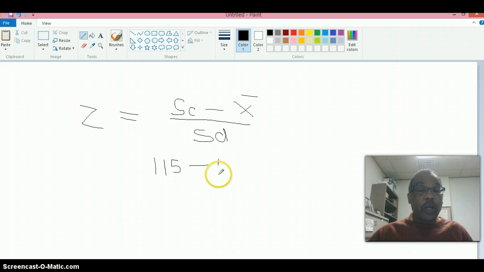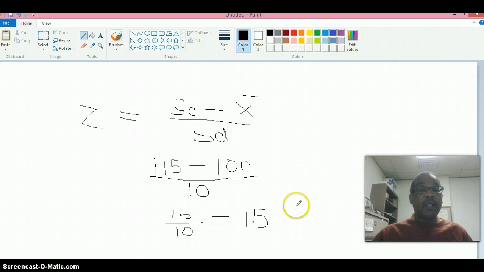The mean, we are told, is 100, and the standard deviation is 10. So if we break that down further, we do the top, which will give us 15 divided by 10, which equals 1.5.